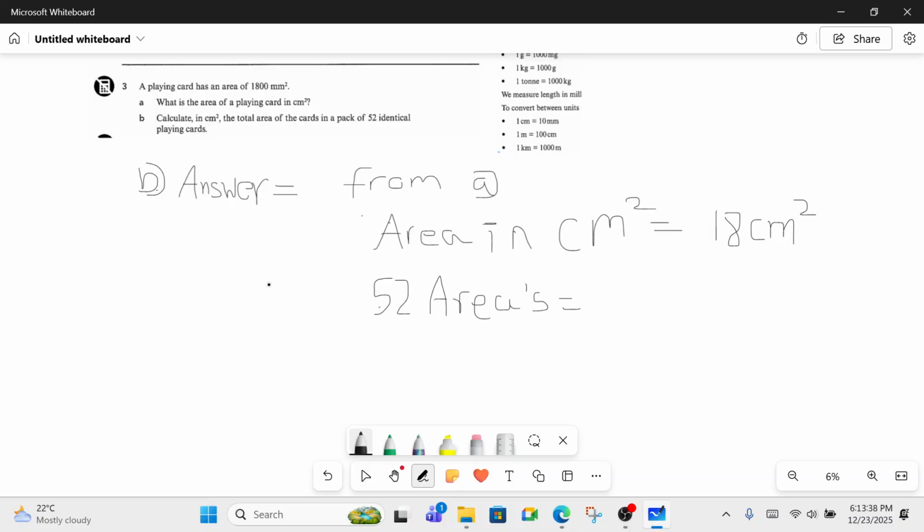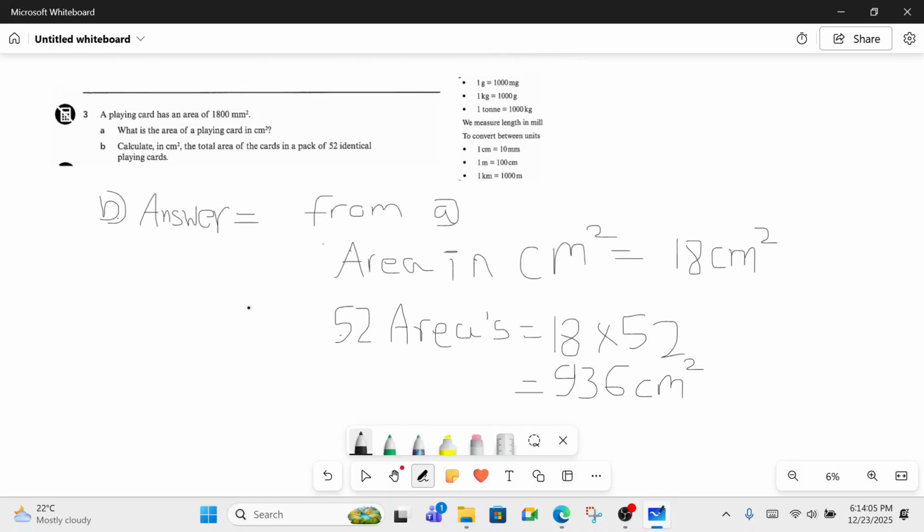So area for 52 cards equals 18 times 52, which if you calculate, take a pen and paper, calculate it, it should give you an answer of 936, so we will write 936 centimeter square. So that was our answer for question number 3B.